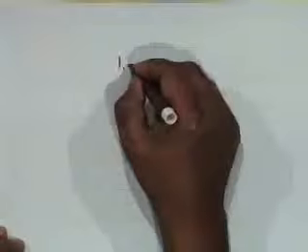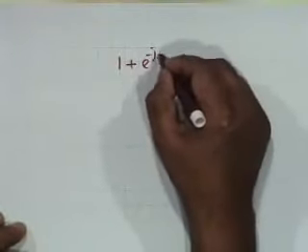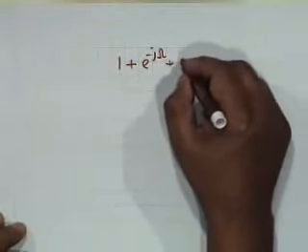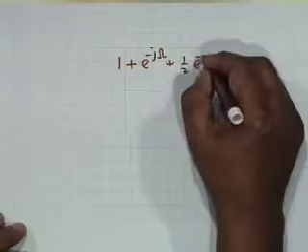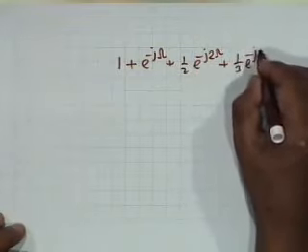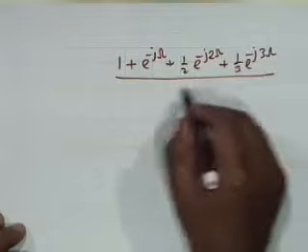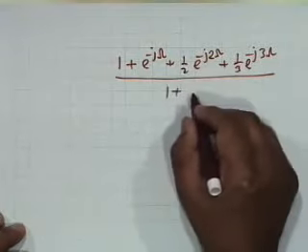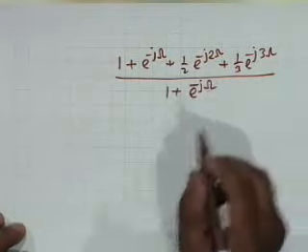All right. Accordingly, suppose we take a function like this. Let's say 1 plus e to the minus j omega plus, let's say, half e to the minus j 2 omega plus 1/3 e to the minus j 3 omega, and in the denominator, let's say we have simply 1 plus e to the minus j omega.